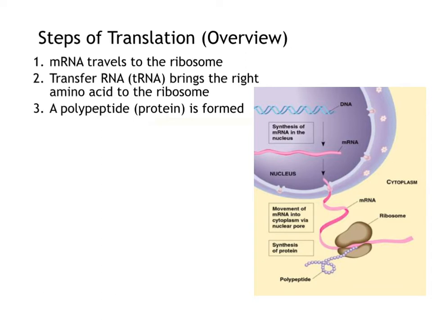In this ribosome, tRNA, or transfer RNA, is going to meet our messenger RNA, and it's going to bring the right amino acid to the ribosome. If we remember, amino acids are the monomers of proteins. So we are bringing the small pieces, the building blocks of a protein. tRNA is going to bring it to the ribosome, and then the ribosome is going to help build these amino acids and put them together.